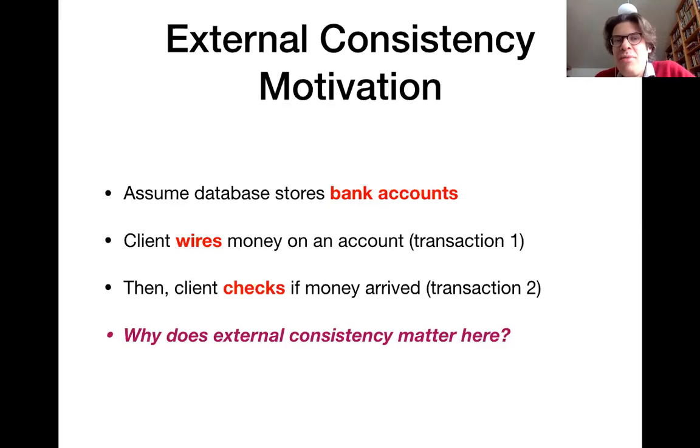Before we discuss how we can achieve external consistency in the Google Spanner system, let's first see what external consistency would mean in this scenario. Can anyone tell me why external consistency would be important in this simple scenario here?